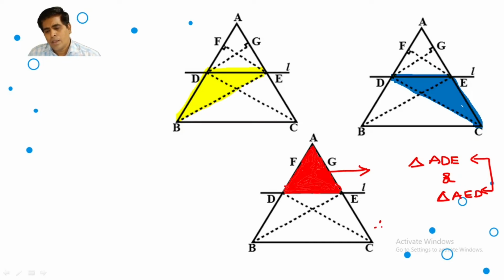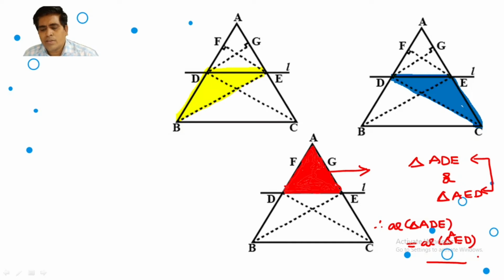Therefore, area of triangle ADE is equal to area of triangle AED. Why is it so? Because they represent the same triangle. If you clearly observe, they are sharing the same base. DE is the same base for both the triangles.